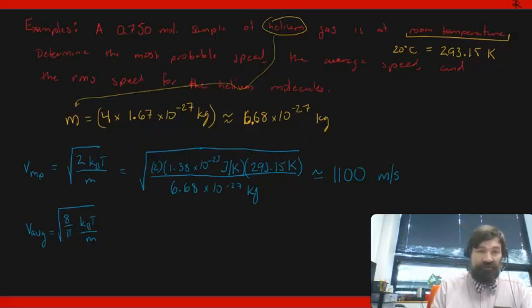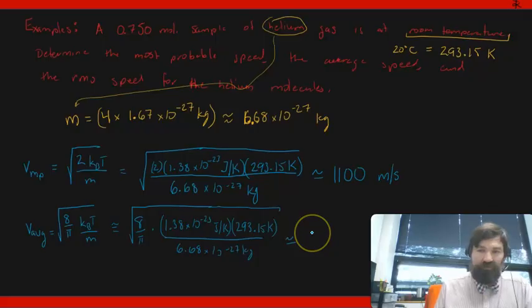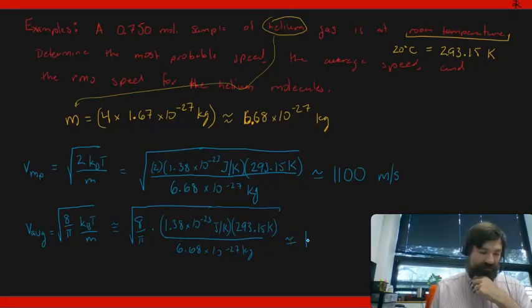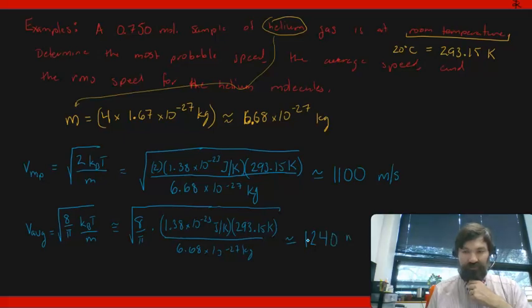Let's plug those numbers in, and what we get is roughly 1,241.84. Let's take this to 3 digits of precision, so 1,240 meters per second. That's our average speed, and it is in fact greater than our most probable speed.